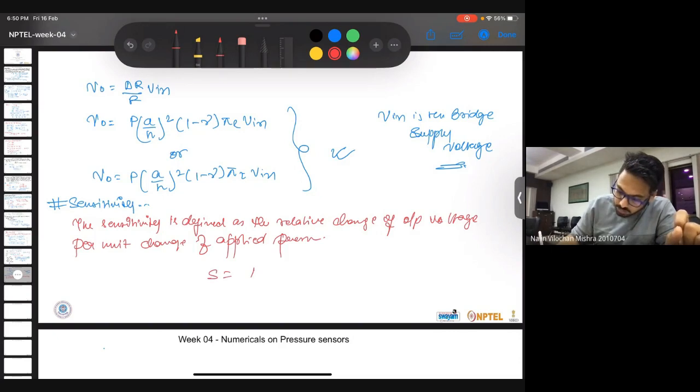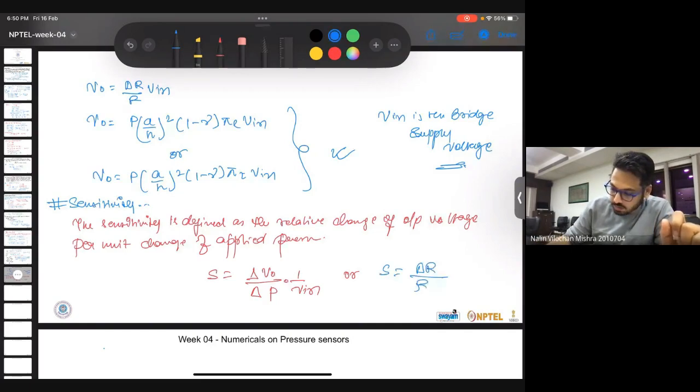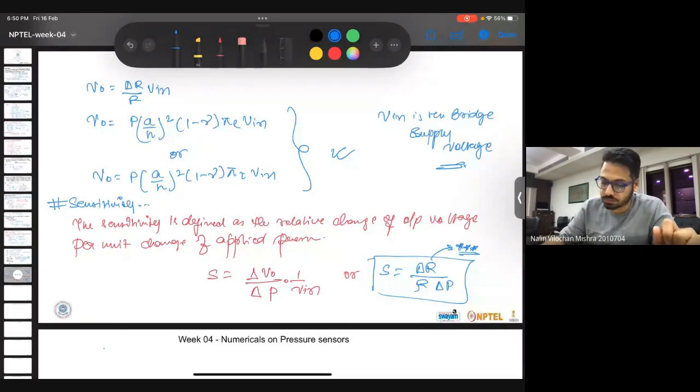S is equal to change in V naught by change in pressure, or we can write it like this: S is equal to change in R by R. So this is the most used formula for the numericals.